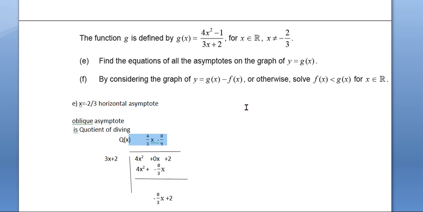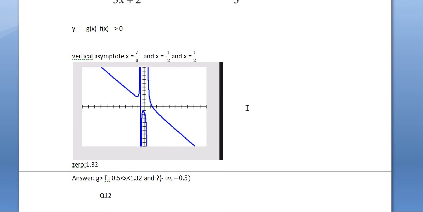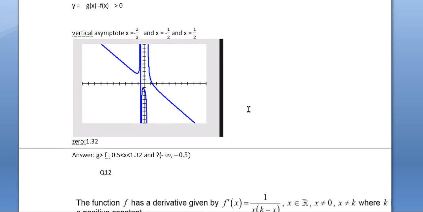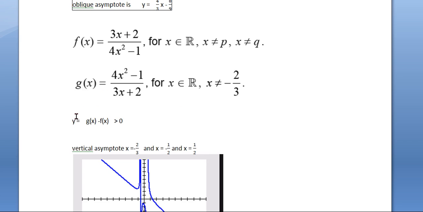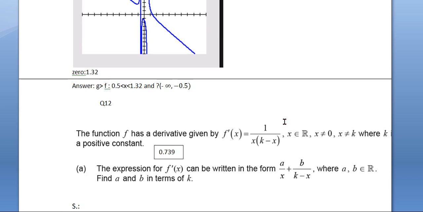Strange. And here I don't see vertical asymptote. Probably this is another function. This is a function f minus g. To know that in which areas g is greater than f, we just draw graph g minus f, and when it is positive, g is greater. When it is negative, g is lower.